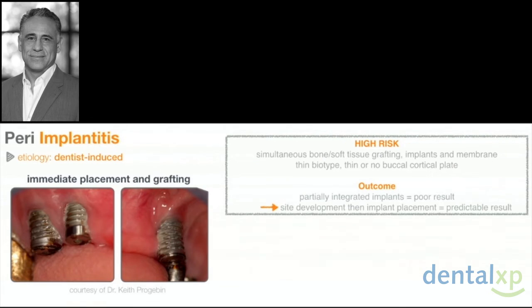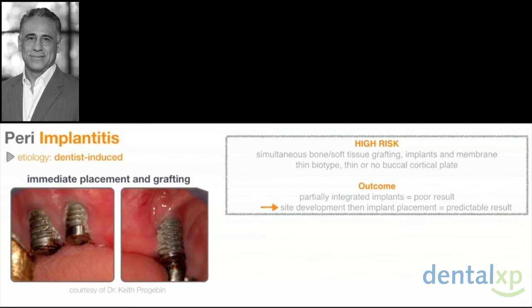Immediate placement and grafting is something that can be a risk factor. I think it's important to realize that there's a high risk when we have simultaneous bone and soft tissue grafting, placement of the implants and the membrane, specifically in thin tissue biotypes, or when there is thin or no buccal cortical bone available.